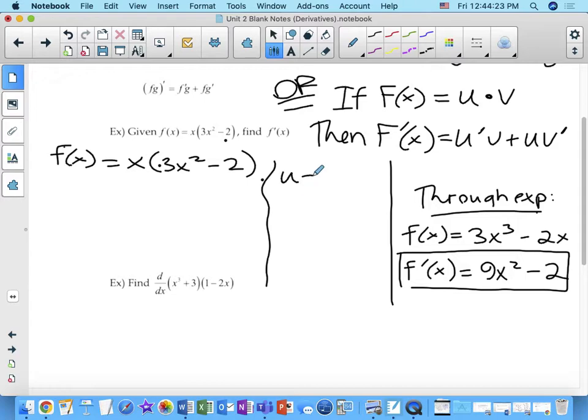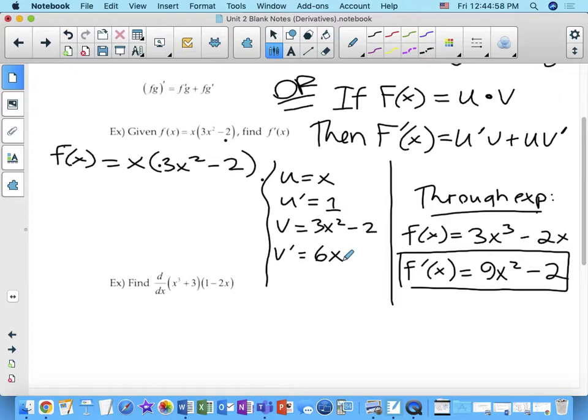So u equals x, v equals 3x squared minus 2. If u is x, what would u prime be? 1. And if v is 3x squared minus 2, what would v prime be? 6x.